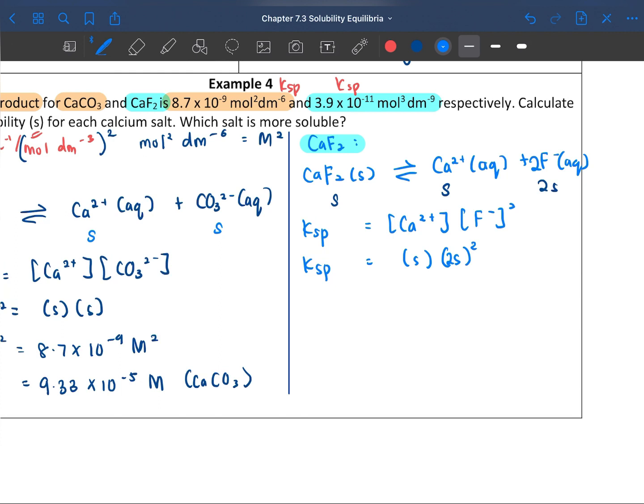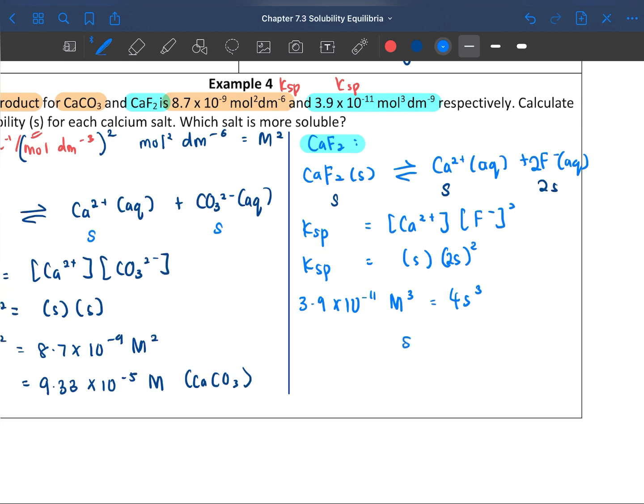KSP kita yang diberi dekat soalan is 3.9 exponent negative 11. Sama juga, ini mole kuasa 3, maksudnya ini adalah M cube. 2S squared is 4S squared, 4S squared times S is 4S cube.